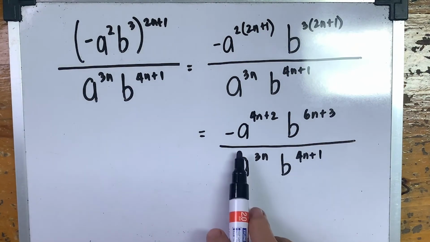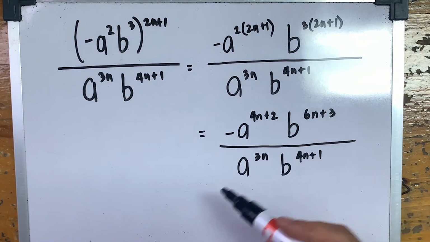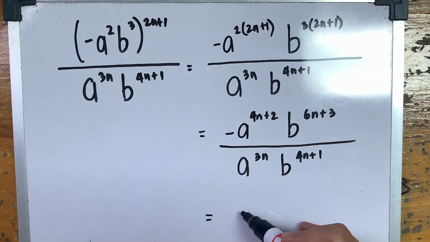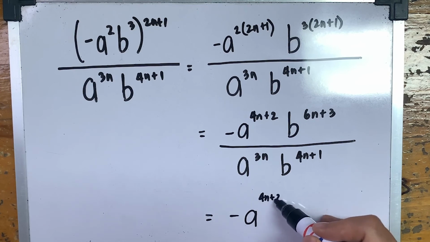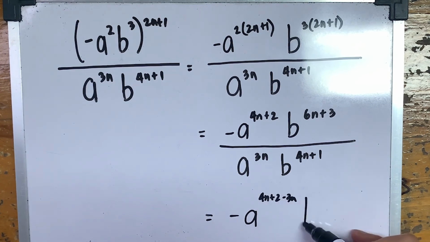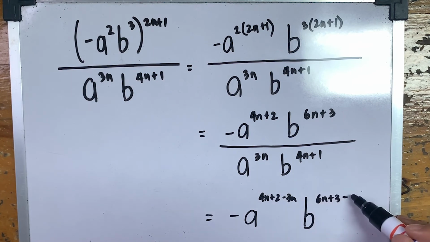All right, so this one we have the same base of a. So we have to subtract the exponent for a. So this one will give us negative a raised to 4n plus 2 minus 3n, and then b raised to 6n plus 3 minus the quantity 4n plus 1.